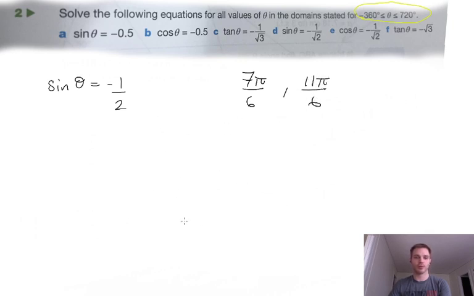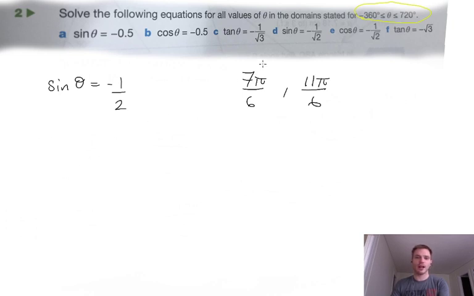That's what we're dealing with, okay? These are in the first circle, so between 0 and 360. So I need to find the two reference angles, the reference angle with this one and the reference angle with this one, which are one revolution behind. That gives us the negative 360 to 0 range. Stop me if that doesn't make sense. Give me something in the chat. Let me know you're following.